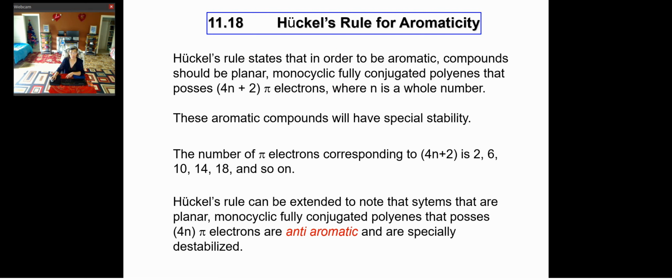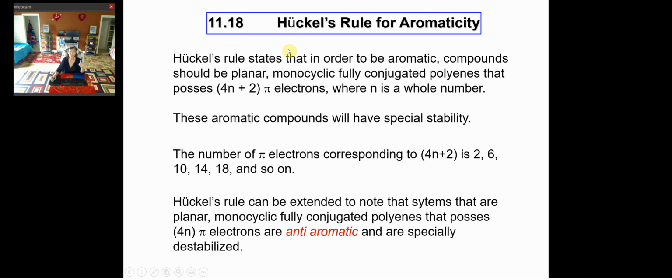Some compounds are aromatic. Like we just mentioned, benzene and its derivatives are aromatic compounds. How do you determine aromaticity? Huckel's rule will be your Bible. You are going to apply Huckel's rule to determine aromaticity. What do we mean by Huckel's rule?